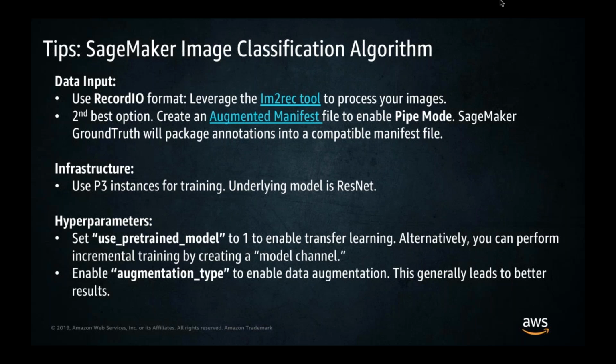The underlying image classification model leverages a ResNet architecture, so there are a lot of parameters and a lot of computations, and GPU training is essential. From a tuning perspective, when you select your configurations and hyperparameters, ensure you use a pre-trained model set to 1. This enables transfer learning and will generally help to reduce training time and produce better results. Also, I would recommend selecting an augmentation type. This enables data augmentation and again will generally improve the quality of your model.